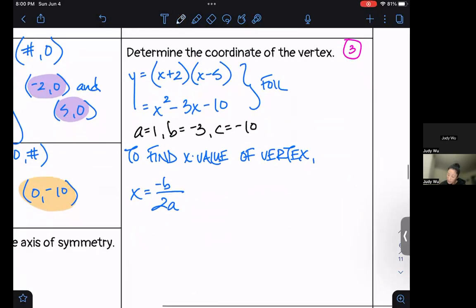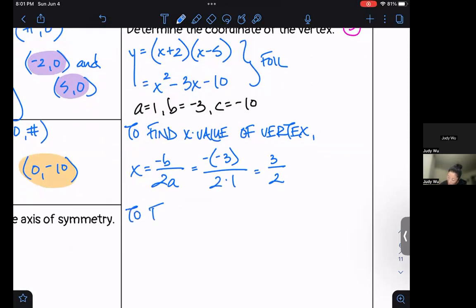Okay, so we take our b and we say negative b over 2 times a, and that gives us 3 over 2. That means the x value of the vertex is 3 over 2.